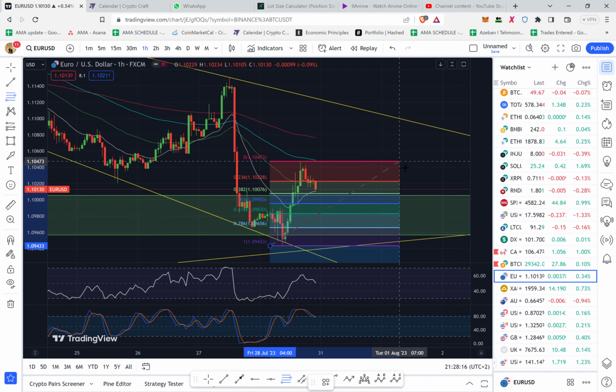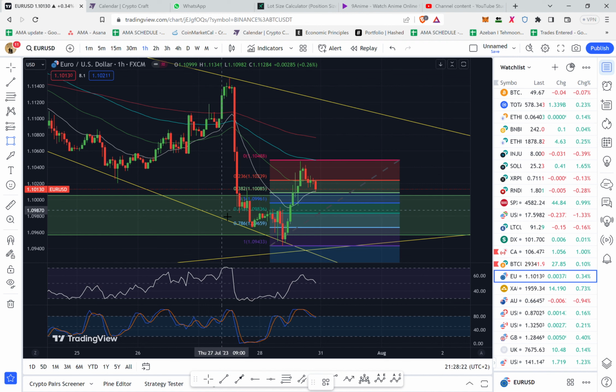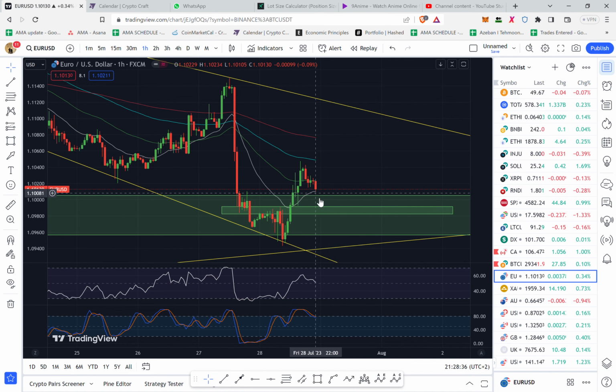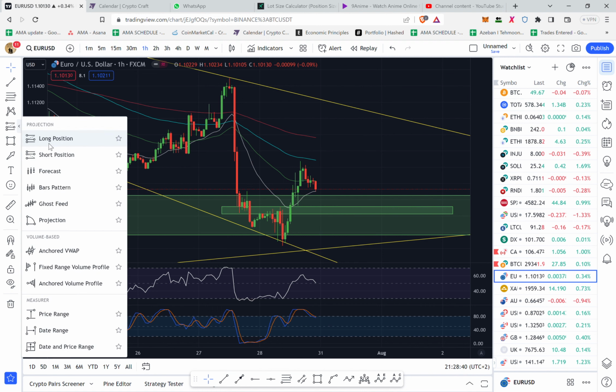Bottom up to the top. So a pullback to this level would be great. To 0.618 to 0.5. So that market structure right there as well, confluence of both. So I'll be looking for a pullback down to this level for a potential long position.